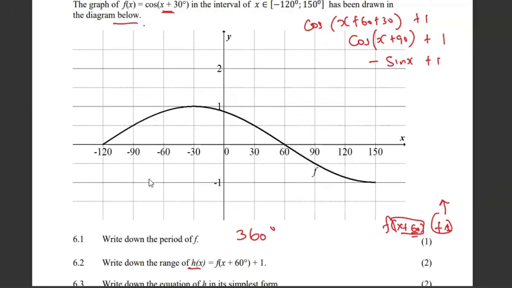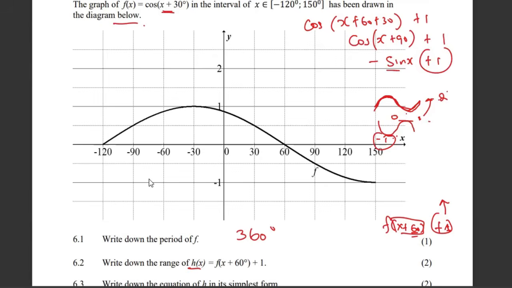So we know that a normal sine graph should be something of that sort. And then if it's a negative sign, it has to be the other way around, whereby the maximum is a 1, the minimum is a negative 1. Now, if you move it 1 unit up, this 1 moves to a 2, and this negative 1 will move to a 0. So it's a 2 and a 0. That should be our range values.